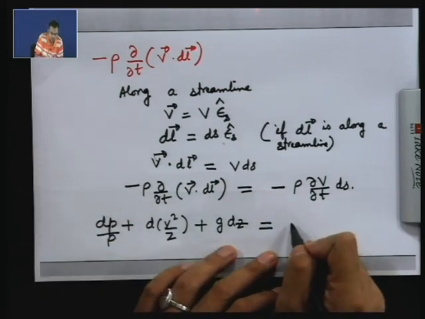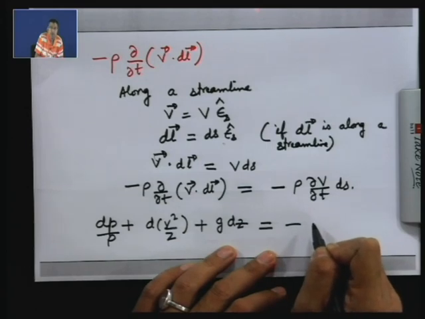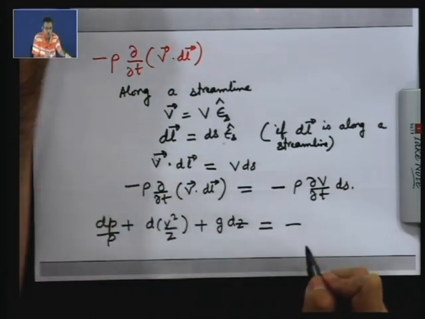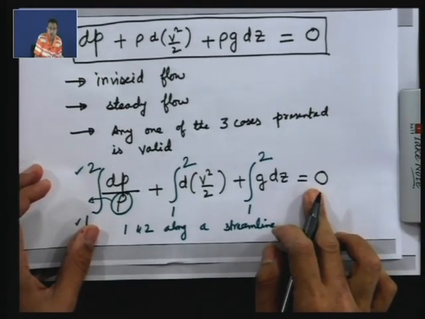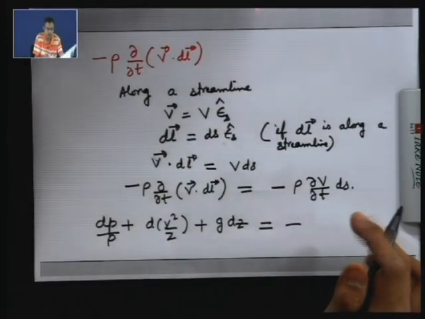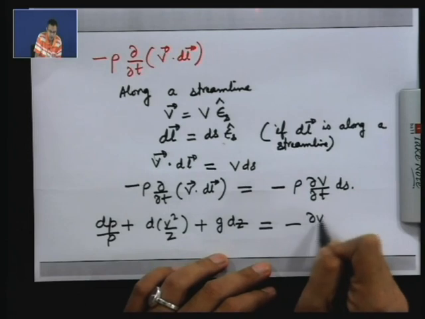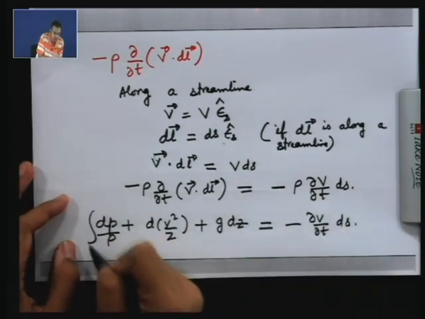Now, in place of that we will have in the right hand side, because of the unsteady term present, minus del v del t ds. Now, we can integrate this along a streamline.